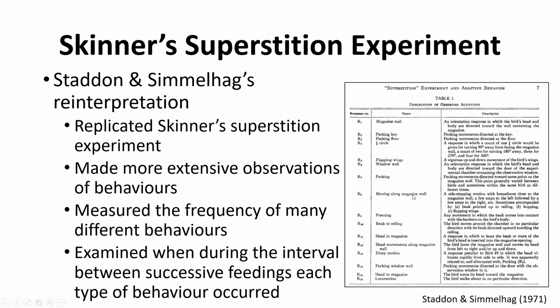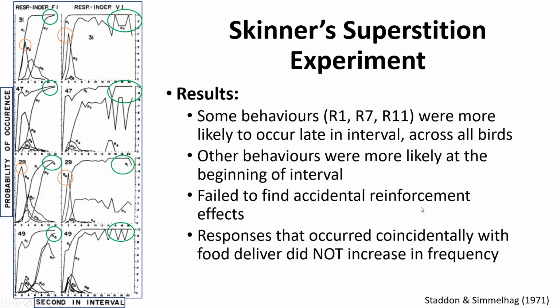Some of the things they were looking at were interaction with the magazine wall where the food was, pecking a key, pecking the floor, turning in a circle, flapping their wings, and so on and so forth. They had lists and lists of different behaviors that they recorded, and not only did they record the frequency of those behaviors, they also recorded when they occurred in time across all of the trials that were observed repeatedly.